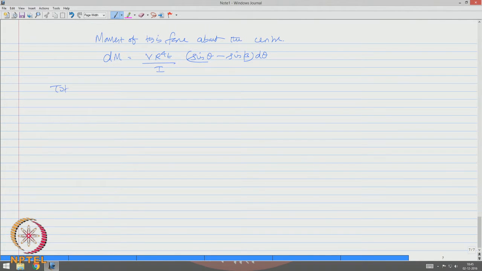So, now the total moment m will be integral beta to pi by 2.